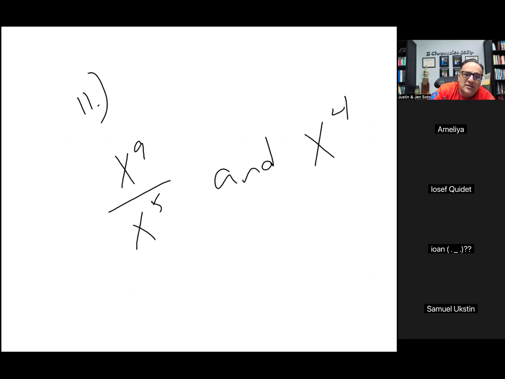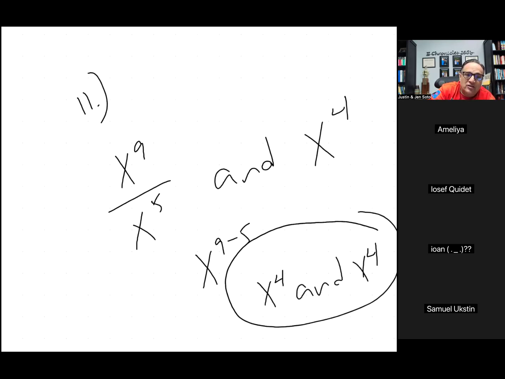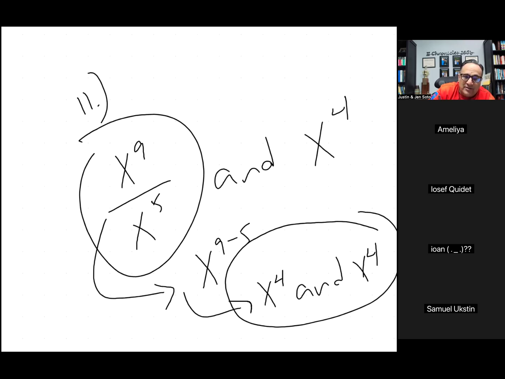You would re-express this as x to the 9 minus 5. Now notice this looks very similar to number 9 with one exception. There's a parenthesis there on number 9. There's not a parenthesis here. So because of that, this would then be x to the fourth and x to the fourth. And you would conclude that this is the same as that.